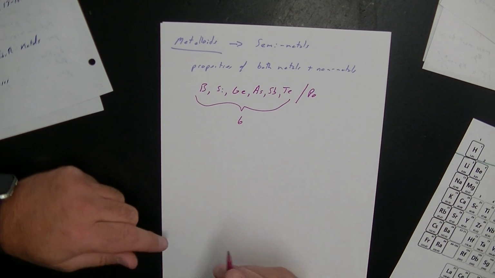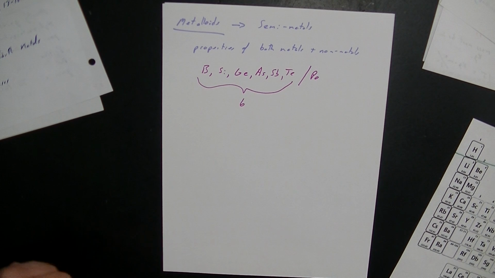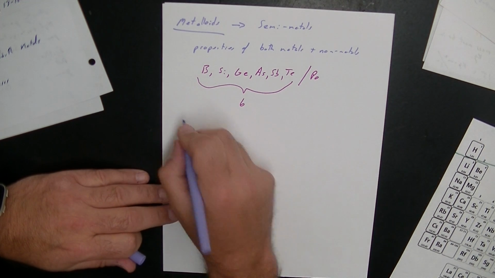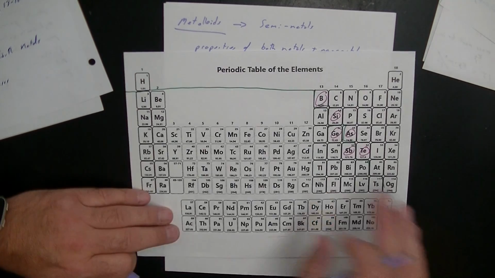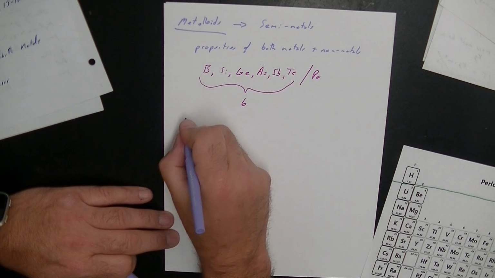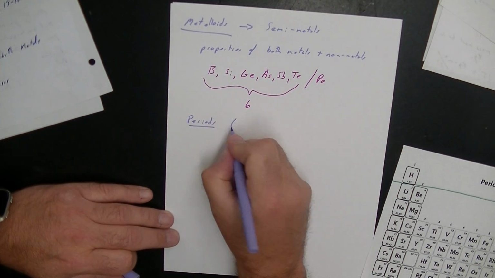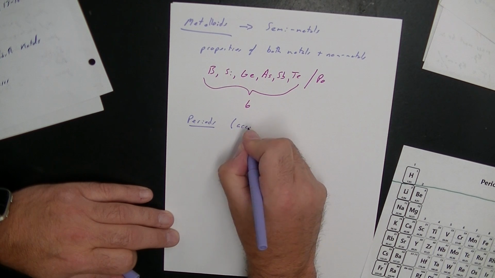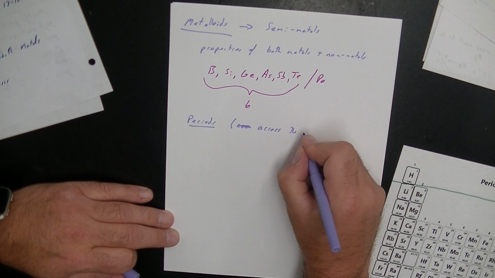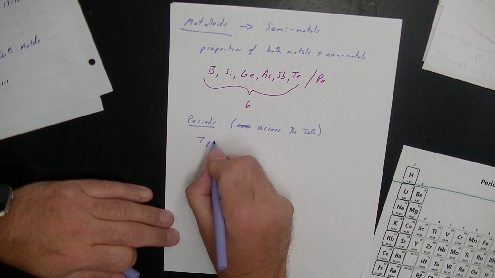Let's see, other things that we should write on here about the periodic table. Going across, these are called the periods. We've already talked about that. So going across the table, there are 7 periods.